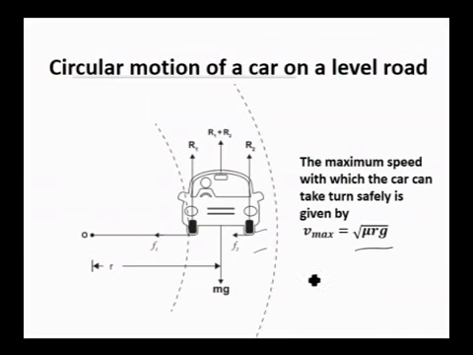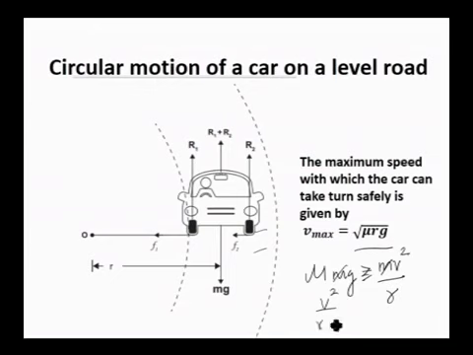How is this obtained? Notice, the frictional force mu into mg is greater than or equal to the necessary centripetal force for this. So centripetal force is mv square divided by r. So here mu cancels out.